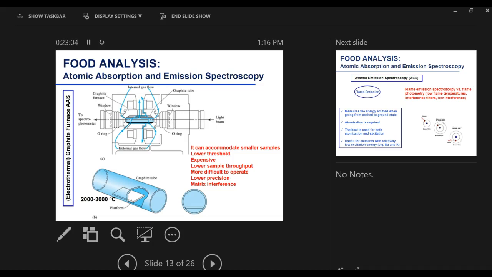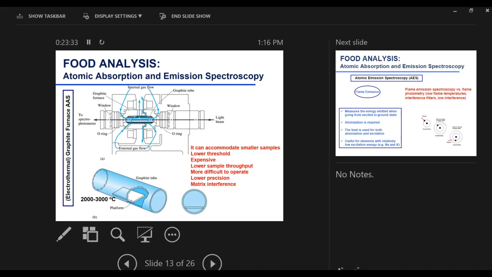Then it gets heated and that's when you get your molecules into a gaseous form, breaking down the bonds, and you get your atoms in gas form. So they evaporate up, and then the light is projected, and your atoms in the gaseous state absorb light, and then you can measure absorption.